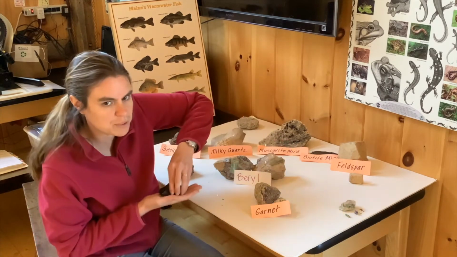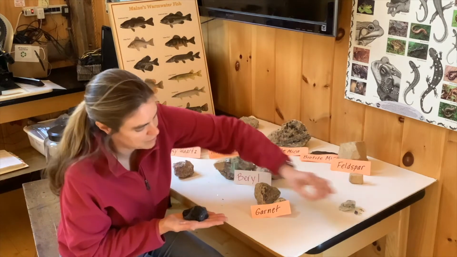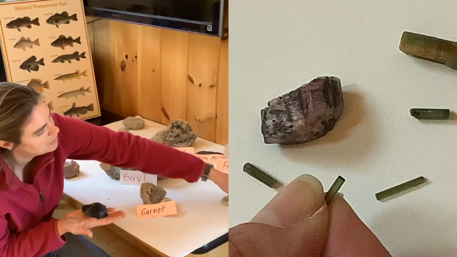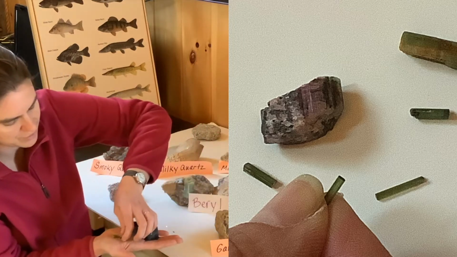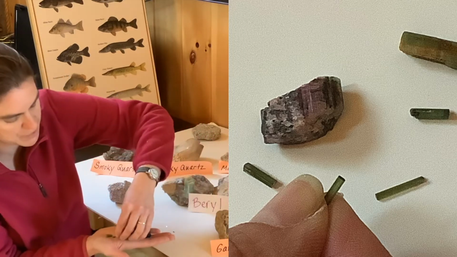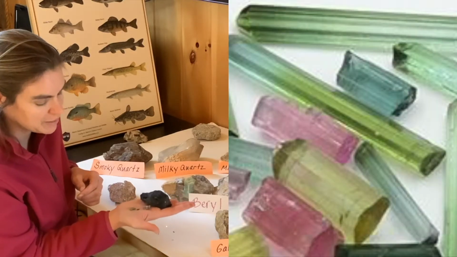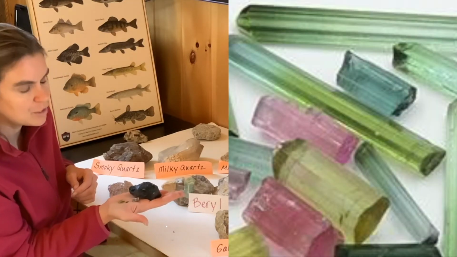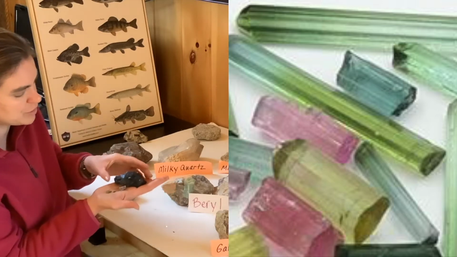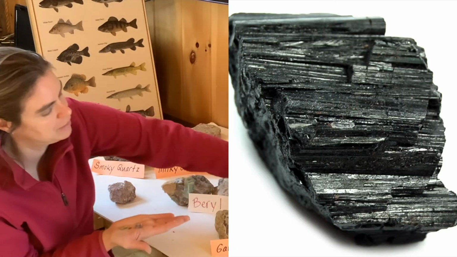This, if you can believe it, these minerals are all the same type. These are all the state gemstone of Maine, which is called tourmaline. Tourmaline comes in lots of different colors. This is black tourmaline.